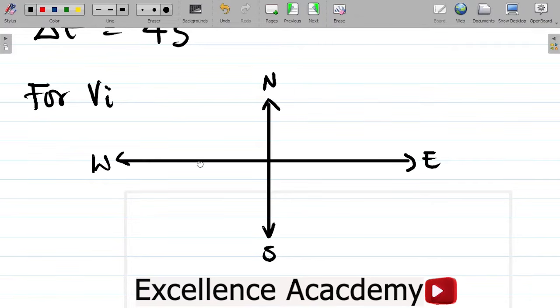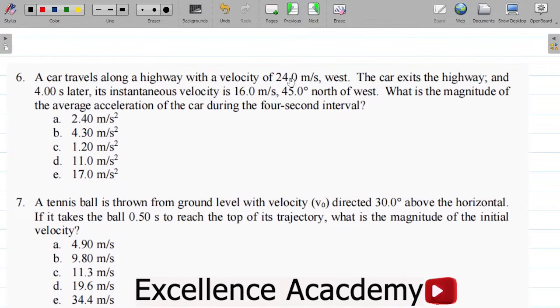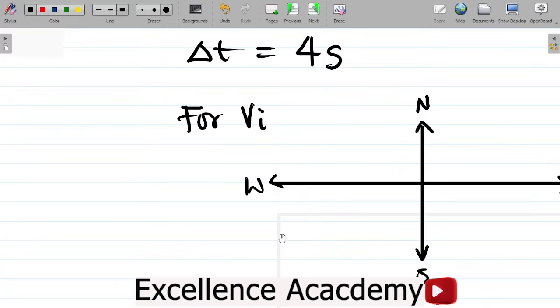The car is moving perfectly horizontally to the west, with a value of 24.0 meters per second.